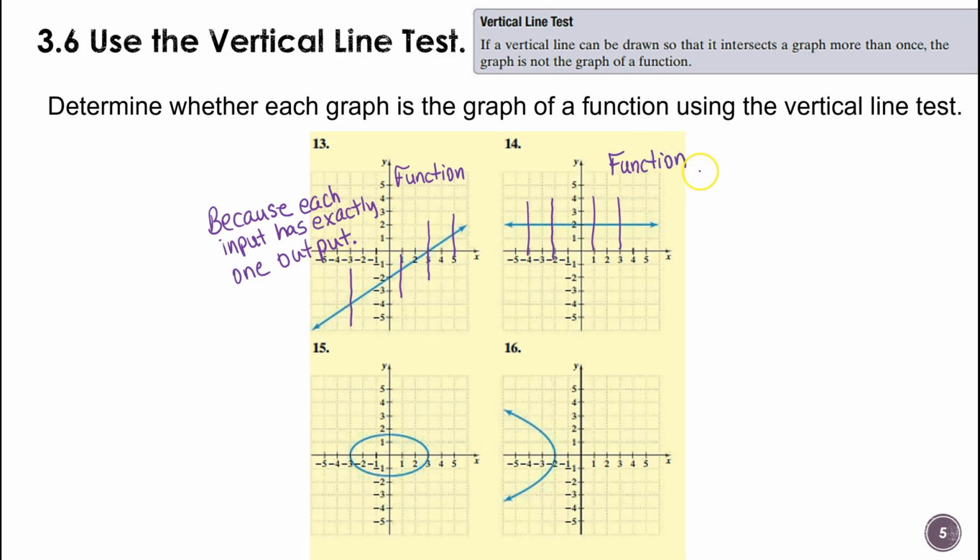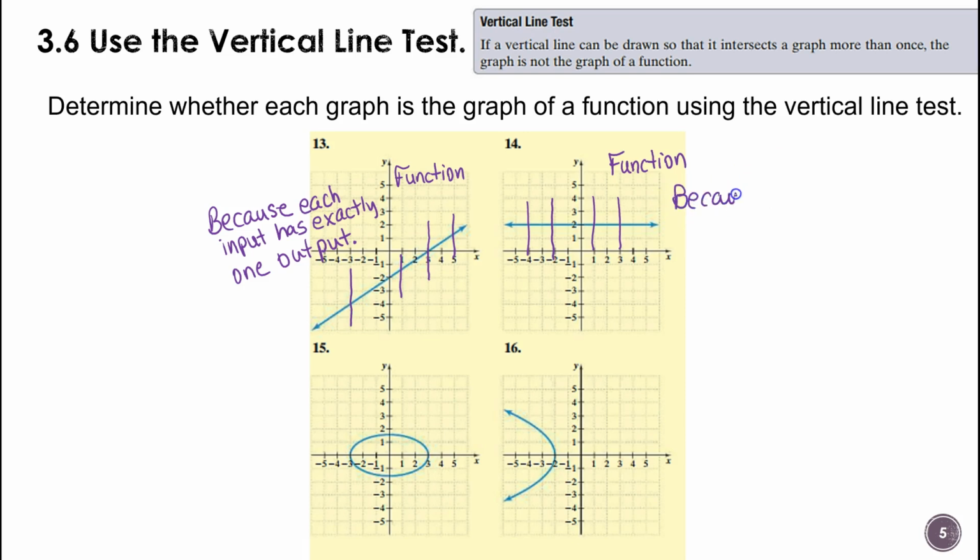I'm going to say different things here because there's more than one way to explain. Let's just say, I'll explain it with the vertical line test this time.